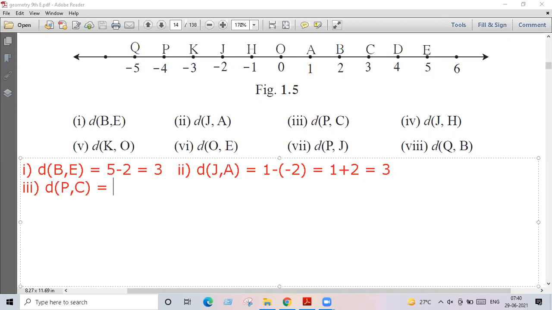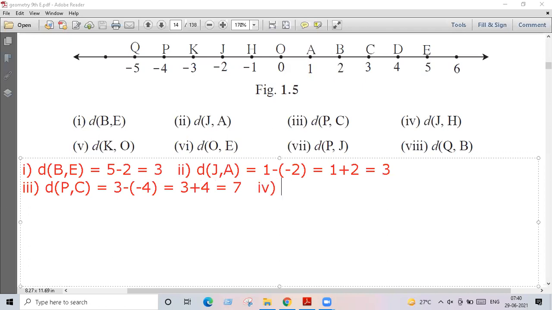And C? 3. So 3 is greater than -4. Therefore 3 minus (-4) is 3 plus 4, which is 7. If you count from P to C, you get 1, 2, 3, 4, 5, 6, 7 units.